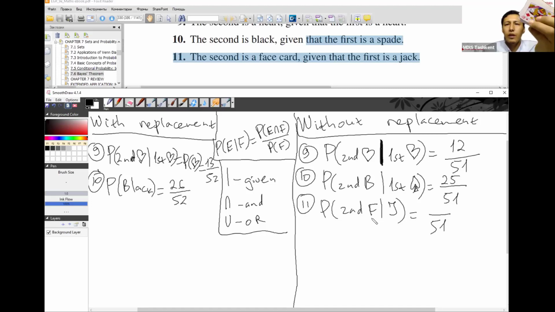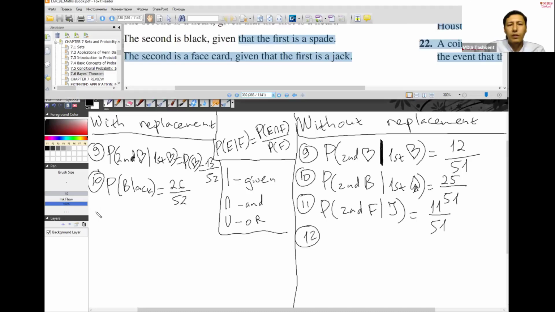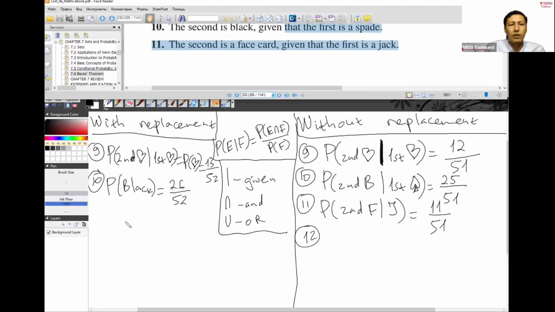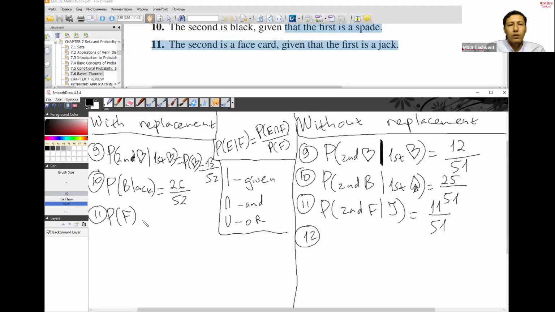There were 12 face cards, but jack is also a face card. So if you take it out, how many? 11 face cards left. Understand? Next. And with replacement, nothing changes. It is the same as P(face).